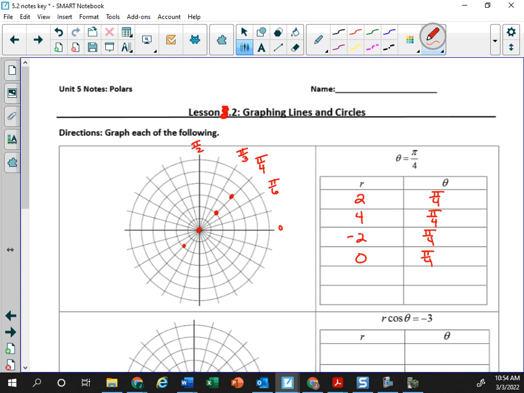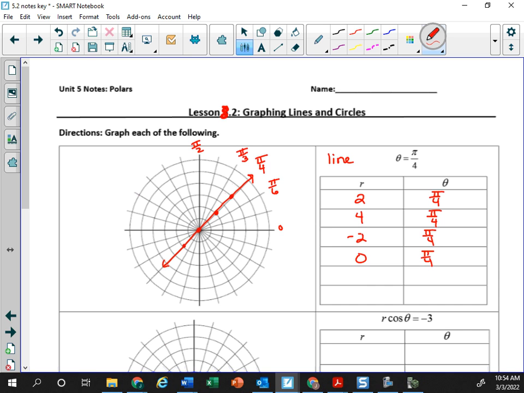What do you see those dots creating? A line. Yes, this is the equation of a line. So you can connect those. And what angle do they follow? Pi over 4, right? It says theta equals pi over 4.